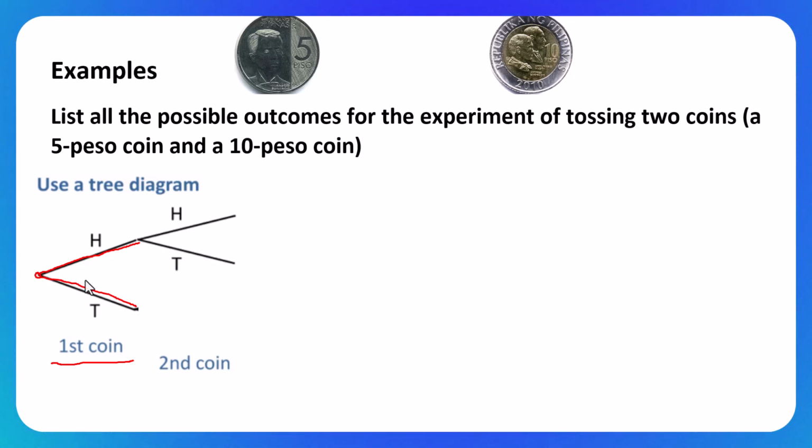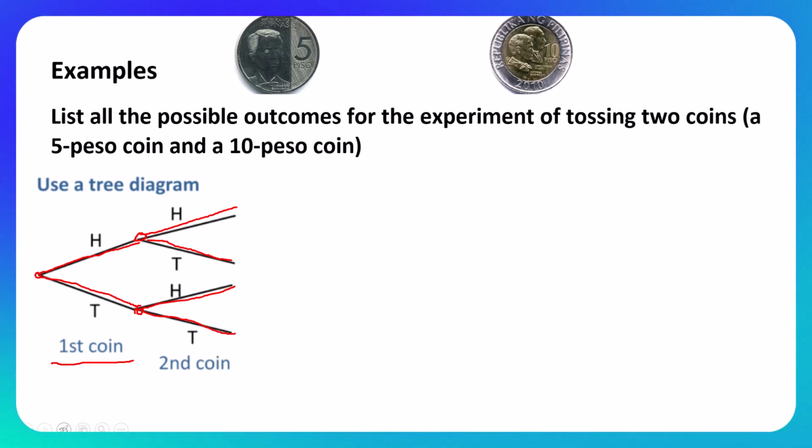Then after the first toss, if I get a head and toss again on that second toss, it can go in the same 2 directions, heads or tails. But if I toss on the first toss and I get a tail, it can also go off in the same 2 directions, heads or tails.